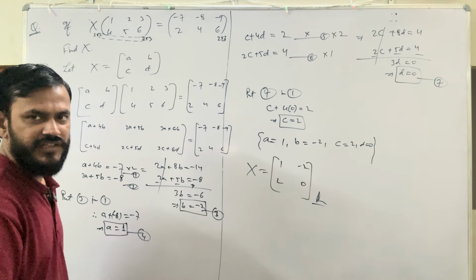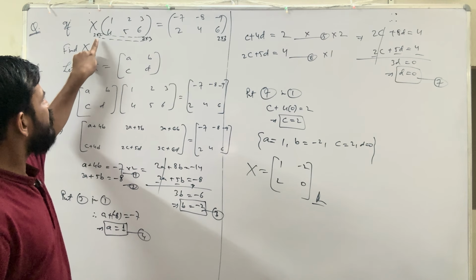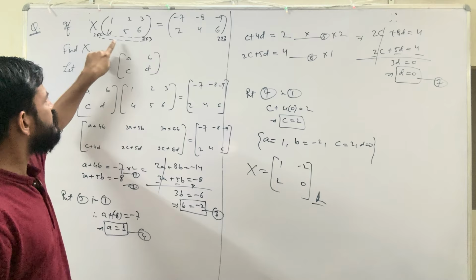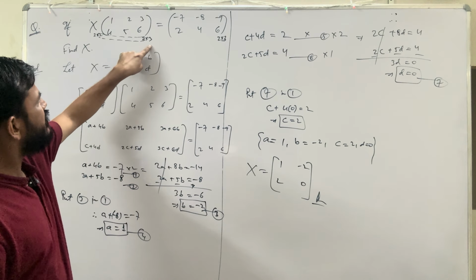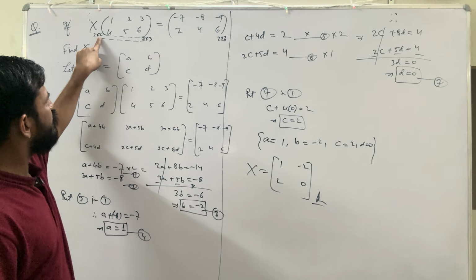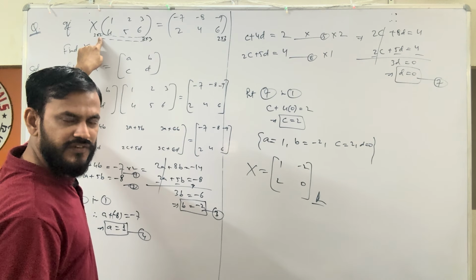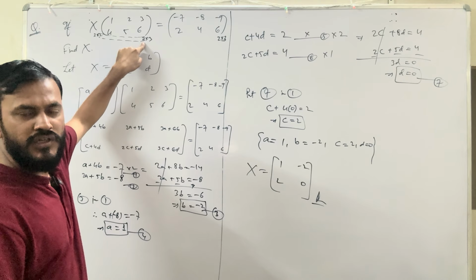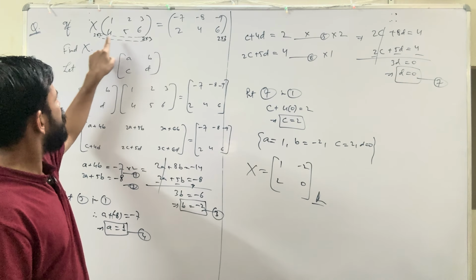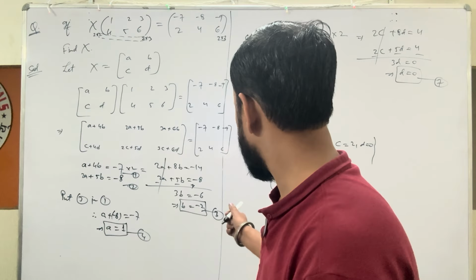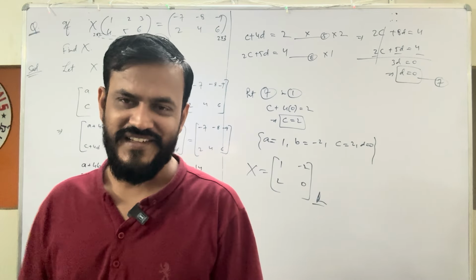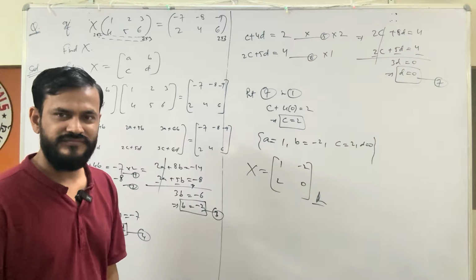The critical point here is to determine the order of matrix X. We need to use the concept that when a 2 by 2 and a 2 by 3 matrix get multiplied, the number of columns of the first matrix should be equal to the number of rows of the second matrix. So the required order of matrix X was 2 by 2. So that's how one finds the solution to such a question.